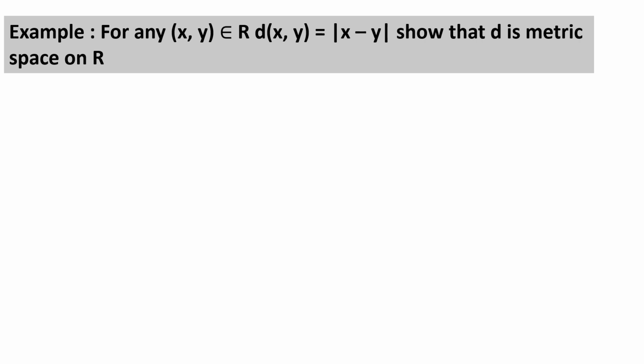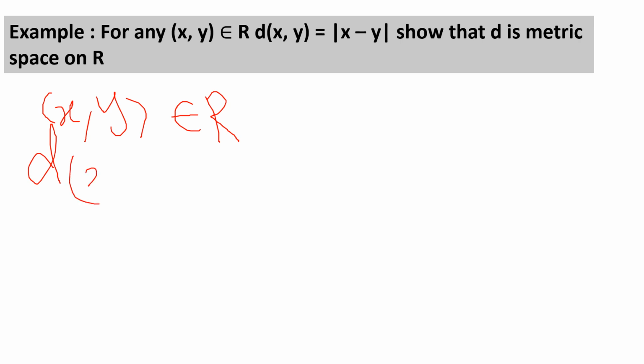And the given information: first, for any problem we need to write what is given and what we need to find out. The given information is x, y belongs to R, and d of x, y is equal to mod x minus y.